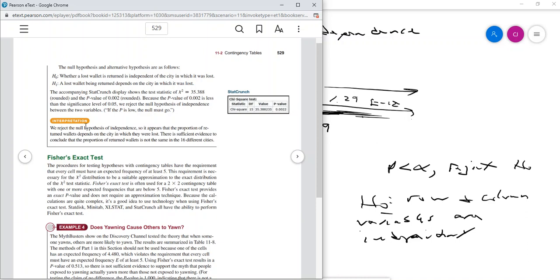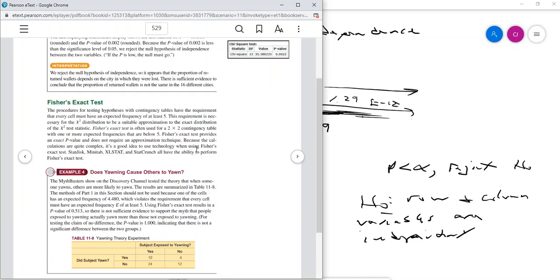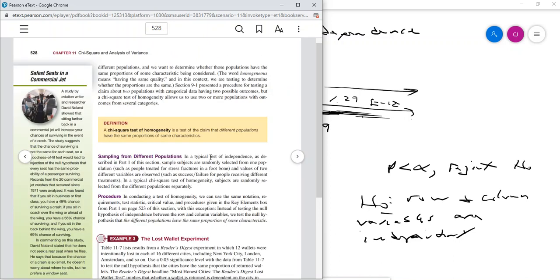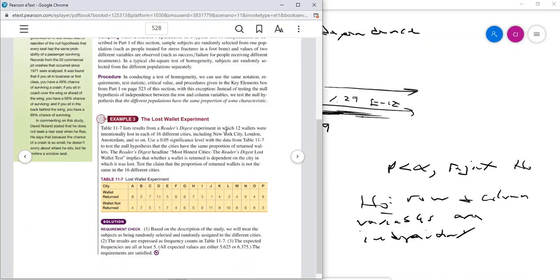And they're saying we reject independence. So there is sufficient evidence to conclude that getting your wallet returned would be different depending on the city that you're in. Okay, so populations would react differently. Now here's the table here. Wallet returned, wallet not returned. And here's all our different cities that they were using for that test.